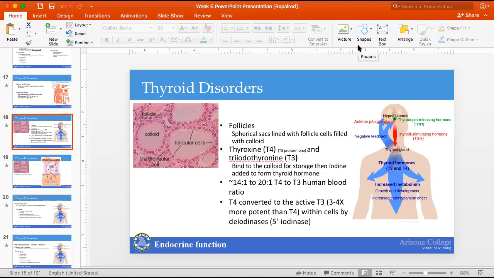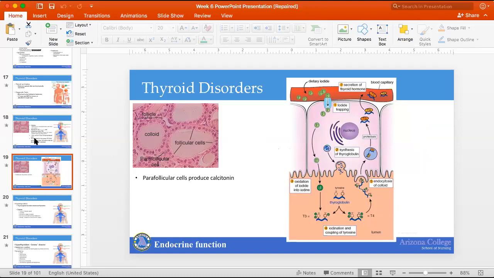Typically not something that we see a lot of in the United States, but in a lot of third world countries, you may see people who have what they call a goiter, which is an enlarged thyroid because of this lack of iodine in their dietary supply. And so these cells start to swell and expand, and could possibly create a dangerous situation with their breathing, and obviously it is very, very noticeable when someone has a goiter.